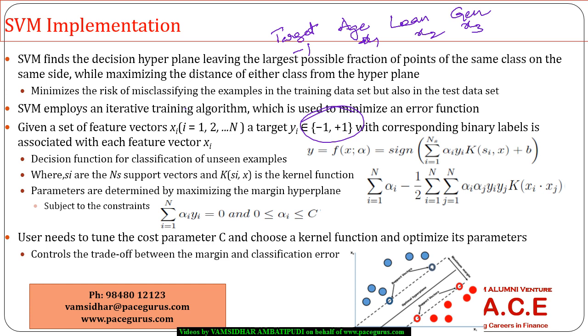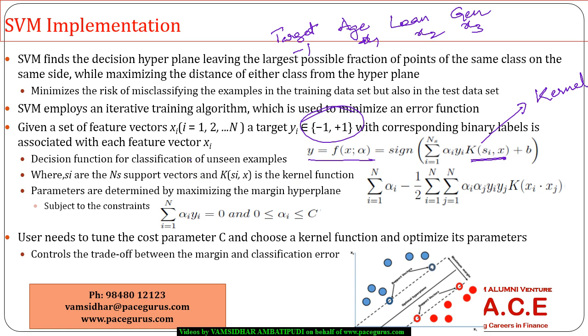Right? And now our objective is to look at a function of x and alpha. Choose some kind of alpha, and k is your transformation function, which is what we have been calling a kernel function, right?